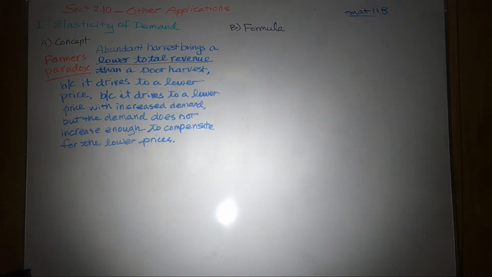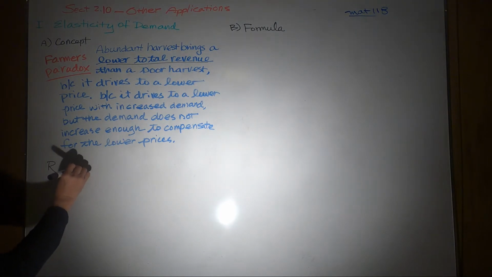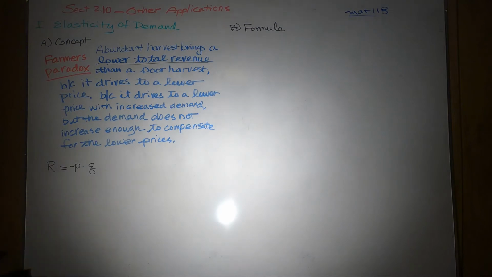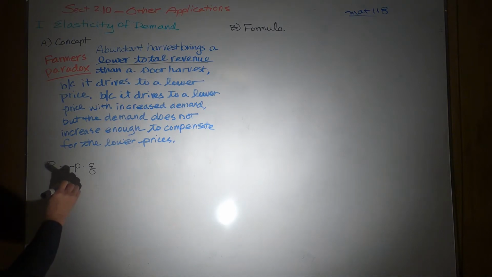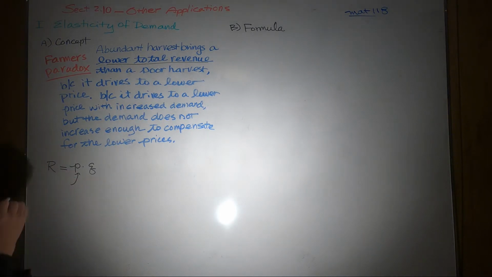Then people, I think economists, started to think about it. Revenue will be your price times quantity sold, very straightforward. When you set a higher price, what do you think?